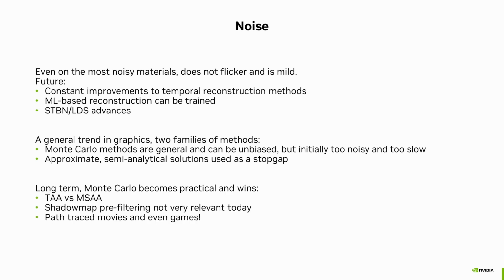Then, over time, Monte Carlo and stochastic methods slowly become practical and begin to take over. This was the case with geometric anti-aliasing. Temporal filters have almost completely displaced MSAA, and similar variants were possible. Shadow map prefiltering techniques are becoming obsolete in the age of ray traced shadows. Finally, offline rendering has moved almost exclusively to path tracing, and we even already have some path traced games.